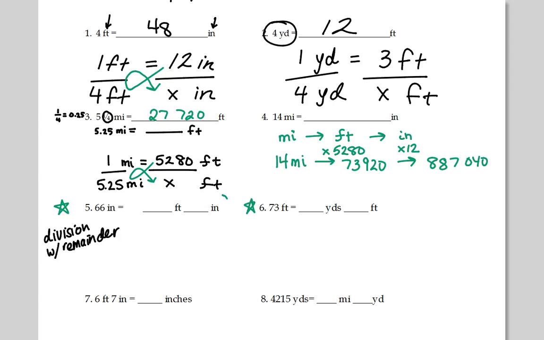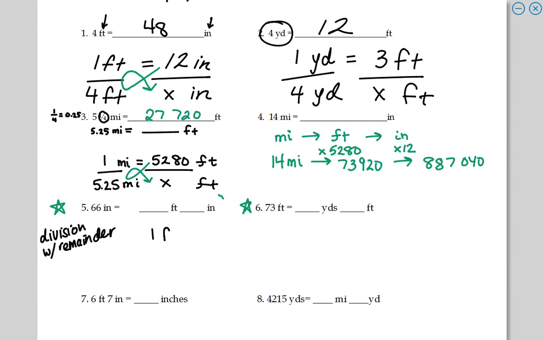So you got to go 66 divided by 12. Okay, I'll write in the full thing. I know that 1 foot is 12 inch, and they gave me inch, so I put it over here this time, and then this is x feet. And you solve this with cross multiplication.